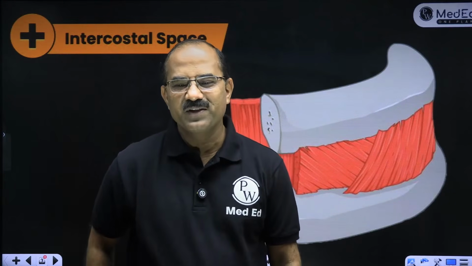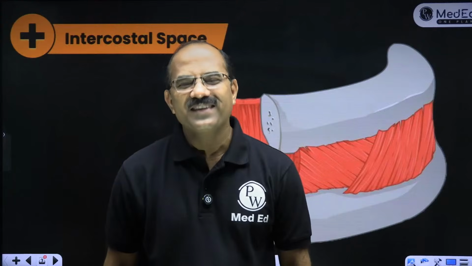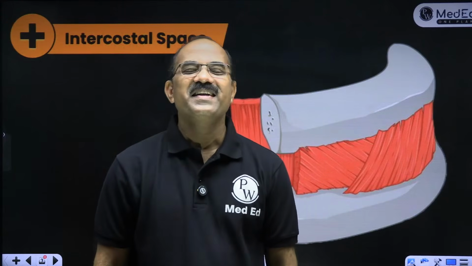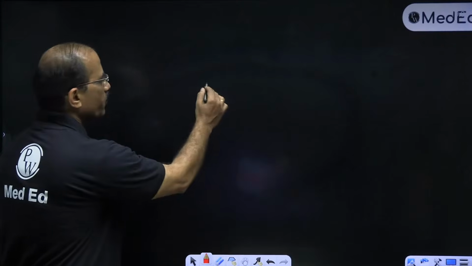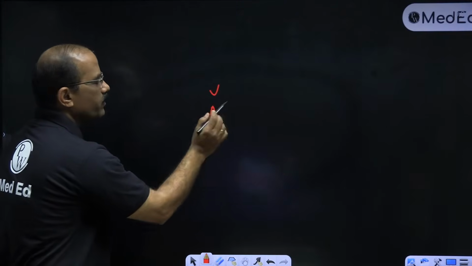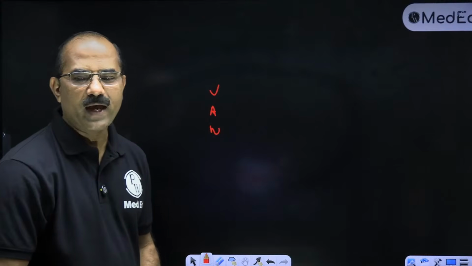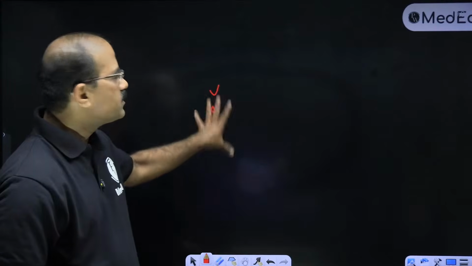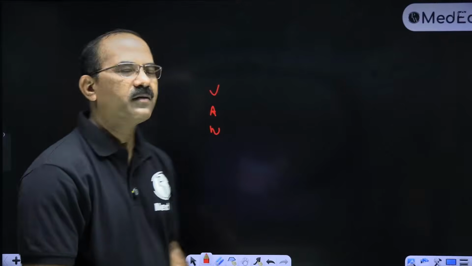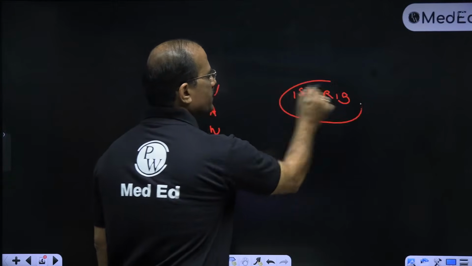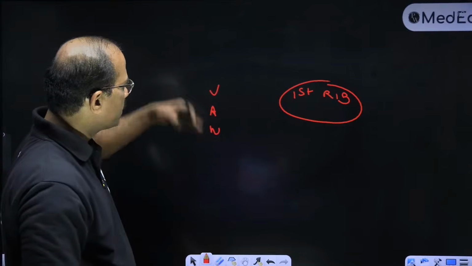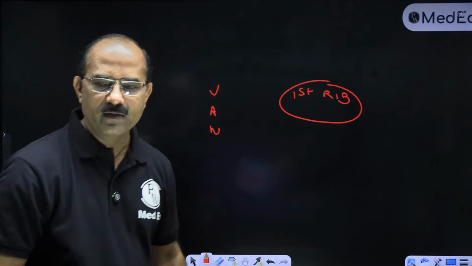Wait, Swapnamay, wait. Sequence is vein, artery, nerve, from above downwards, and this sequence is reversed in the first rib. In the first rib, it is nerve, artery, vein.